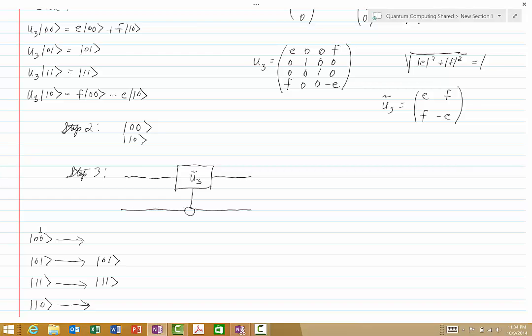Okay. Now, how does U3 tilde act? What is the basis for it? Well, in this step, this arrow is going to 1, so once again, this will act in just the usual way. In other words, E F will be the way it acts on the 0 state. F minus E will be the way it acts on the 1 state.